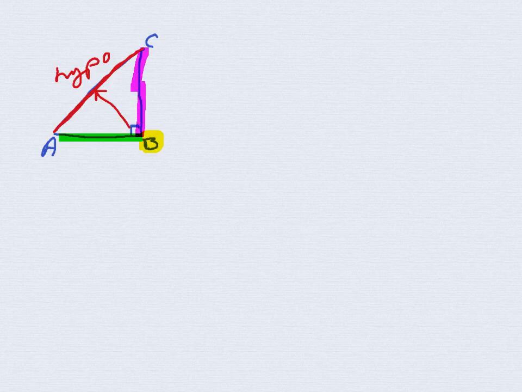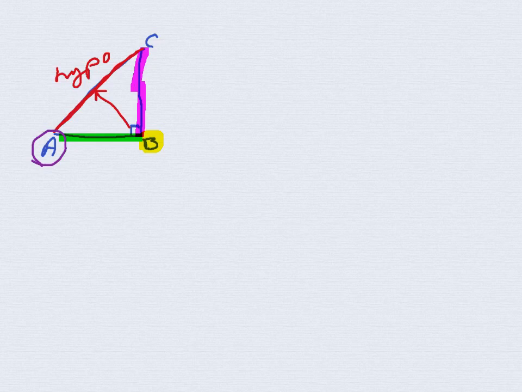Now these legs go by one of two names. They're going to be called either the opposite or the adjacent. But what they will be called will depend on your perspective. And it's really important that you get this clear in your head right now. If I'm standing on a triangular park and I'm at A and I'm looking out across the park, I have to label the two sides that are legs with respect to where I'm standing.